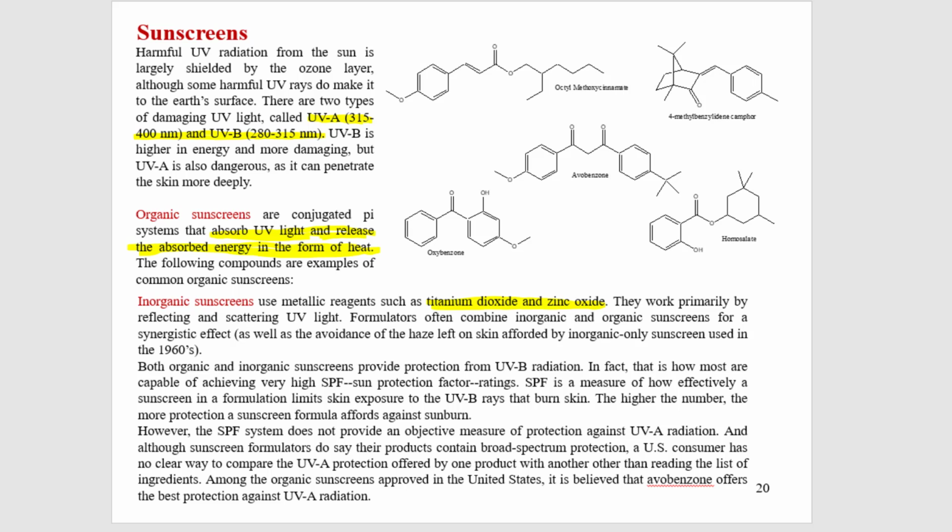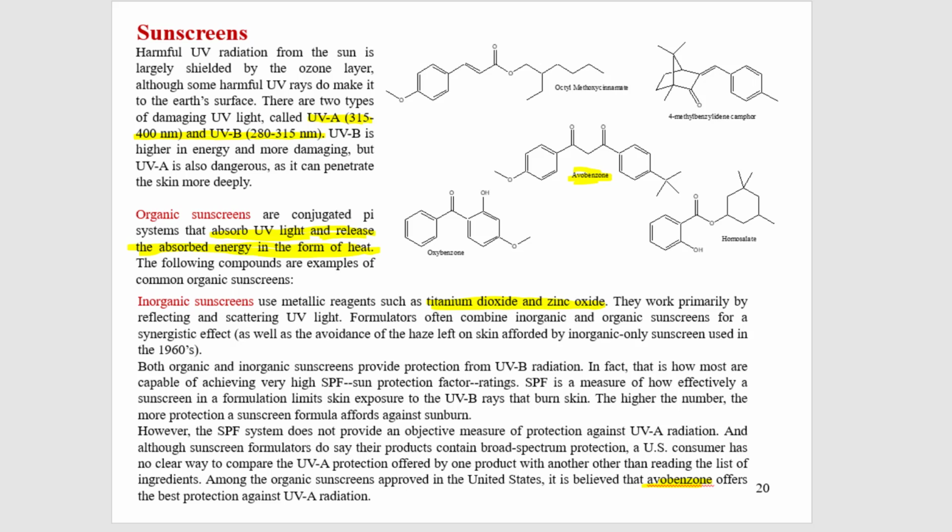So there's really no good way of looking at how well one sunscreen does for UVB versus UVA. Avobenzone, shown in the middle here, is the one that offers the best protection against UVA radiation, which can penetrate deeper. UVB tends to do the most damage, but you need to have protection against both. So a mixture of these is great.